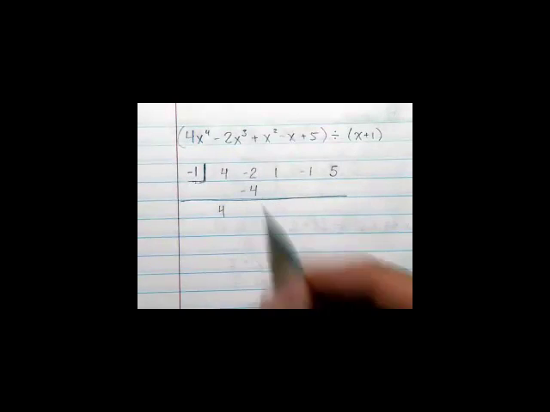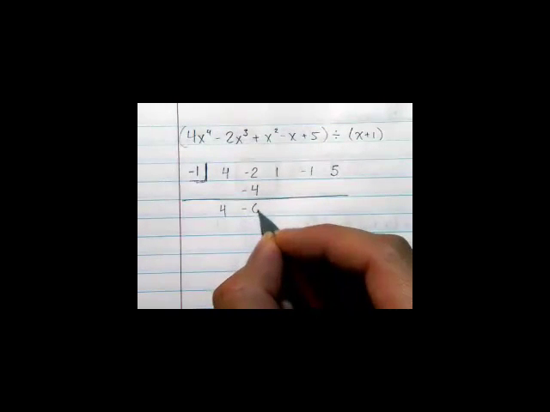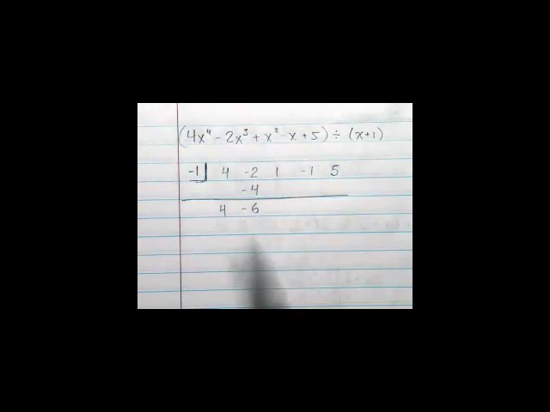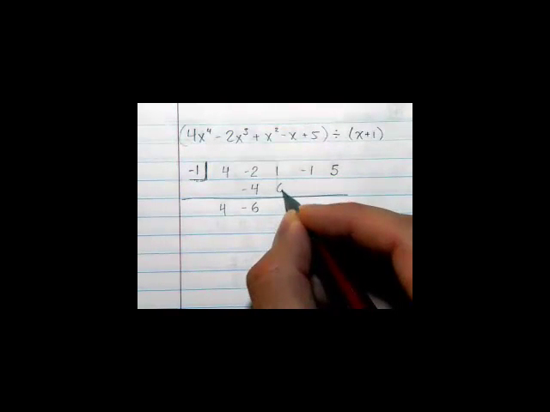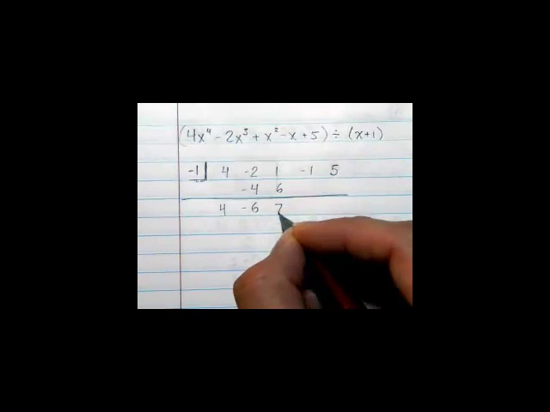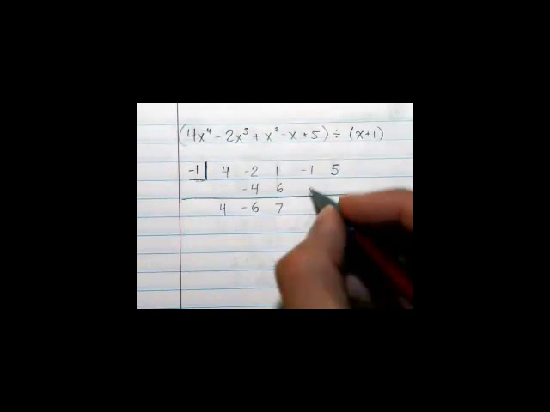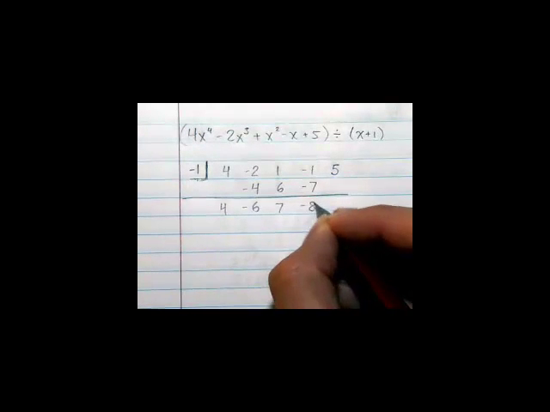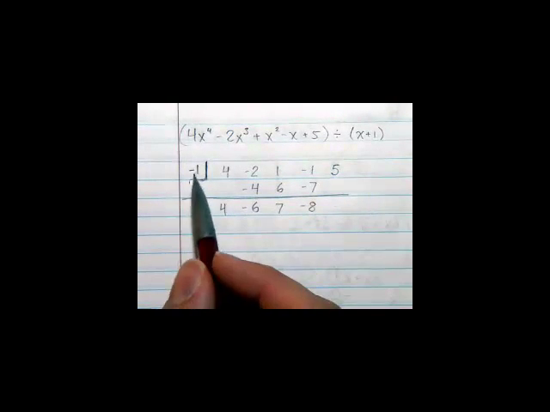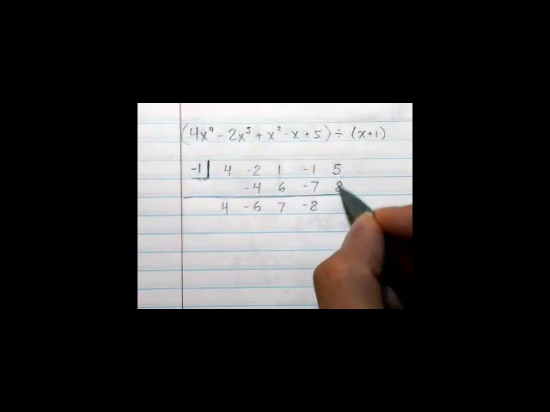So -2 plus -4, -6. -1 times -6, 6. 1 plus 6, 7. -1 times 7, -7. -1 plus -7, -8. -1 times -8 is 8. 5 plus 8, 13.